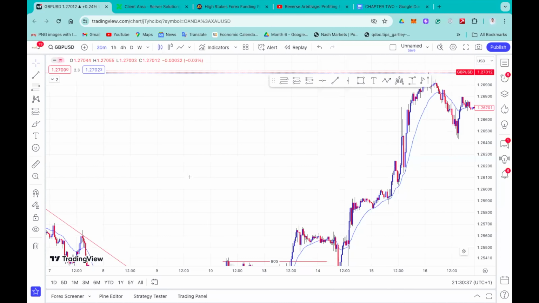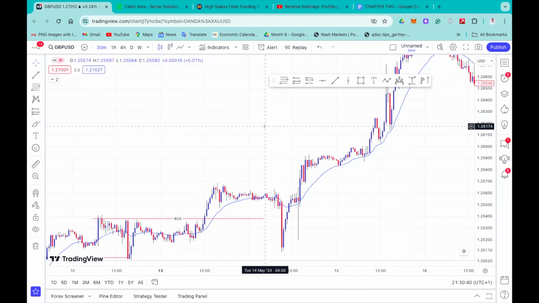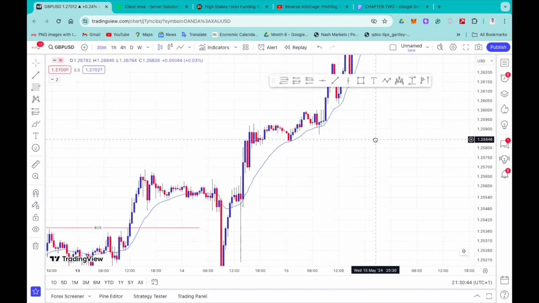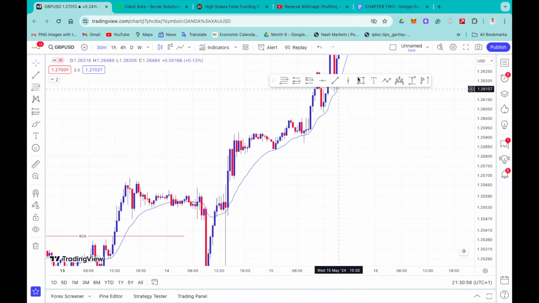Now let's look for this same analogy in price. So the last bearish candle before an impulsive move that left an imbalance. Imbalance is just space. Okay, how do you calculate imbalance?